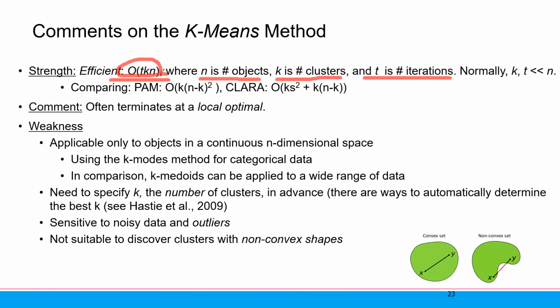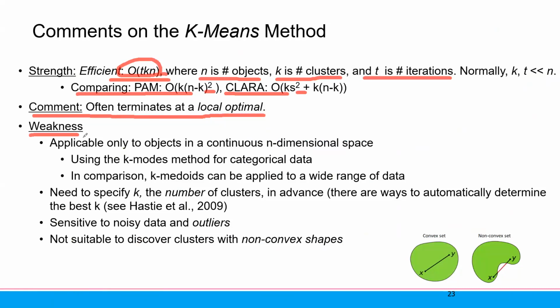If you look at this one, the computation is linear. If you compare with PAM and the other kind of algorithm, CLARA, the other algorithm is quadratic. So quadratic means more complex. But this algorithm often terminates at a local optimum. So sometimes we cannot find the global optimum.